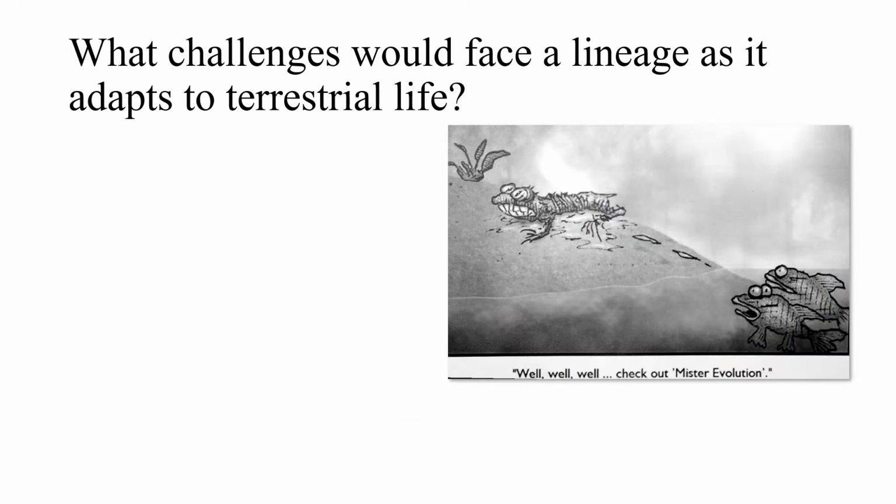Again, this is the benefit of something like a scientific approach. We can come up with all these ideas that are probably going to be good ideas and then argue about them and then look for evidence that supports or doesn't support the ideas we just put forward. So if you're imagining, like any Saturday morning cartoon can do, what it's like to be the first fishes out flopping around, what are these challenges going to be? So talk to each other. We'll spend a few minutes on this.